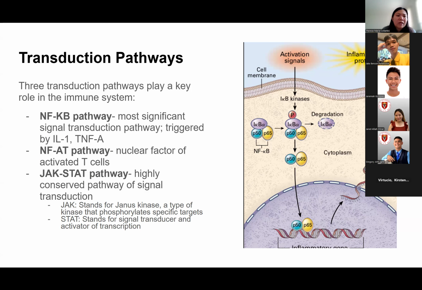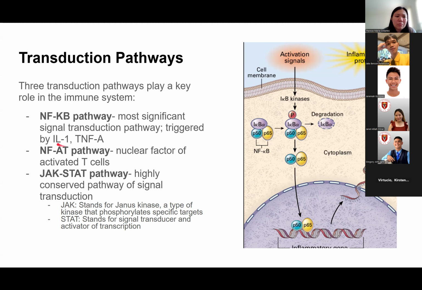It's the NF-kappa B pathway. The NF-kappa B pathway is the most significant signal transduction pathway for the immune system. At least for you to know this, and that's okay. Yes, NF-kappa B is the most important transduction pathway of the immune system.